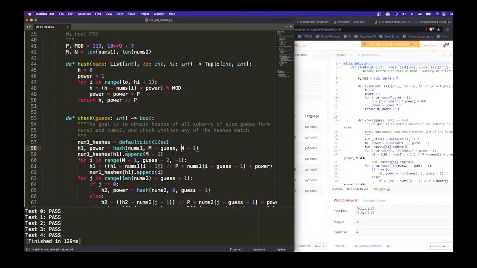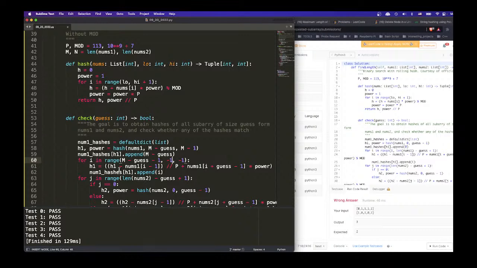M, let's say m is 5 minus 3 equals 2. Yep. So we start with this, and I'm going to do m minus guess. All right? That's the first one. Then the i we have to go m minus guess, because we go, yeah, minus guess minus 1 from here all the way to minus 1.